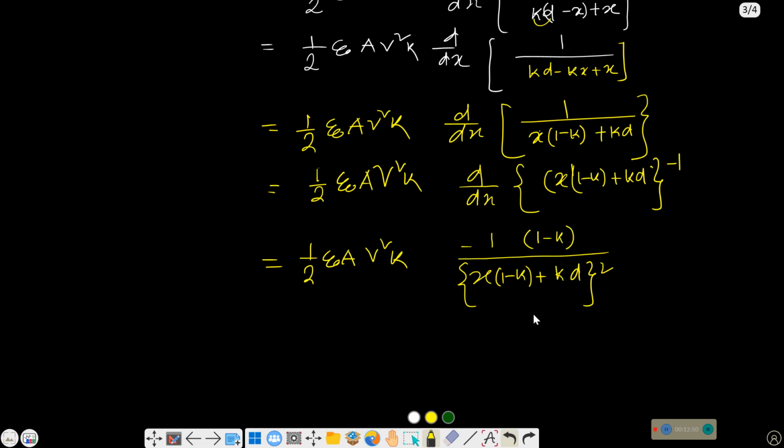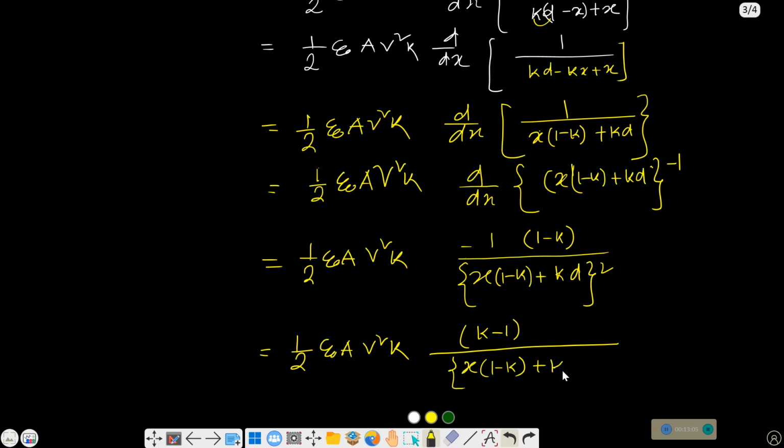So ultimately we get half epsilon naught A V square k, k minus 1 by x into 1 minus k plus kd whole square.